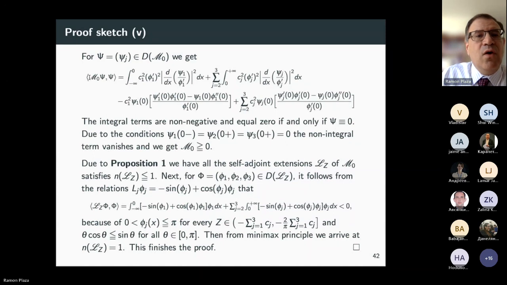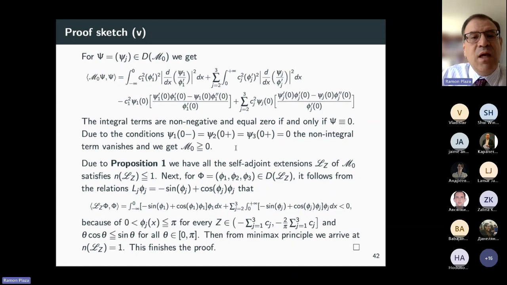you can compute the product of the M0 applied to our wave, and you can see that the integral terms are non-negative or equal to 0 if and only if the profile is equal to 0.